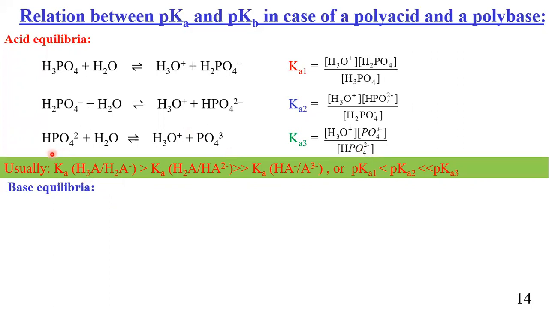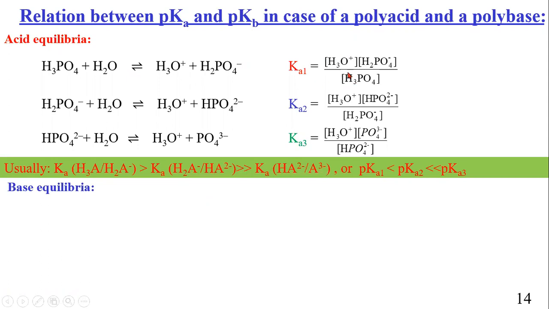And so usually Ka of the first couple, which is the H3A, H2A minus couple, is greater than the Ka of the second couple, which is H2A minus becoming HA2 minus, and the last couple is HA2 minus becoming A3 minus.